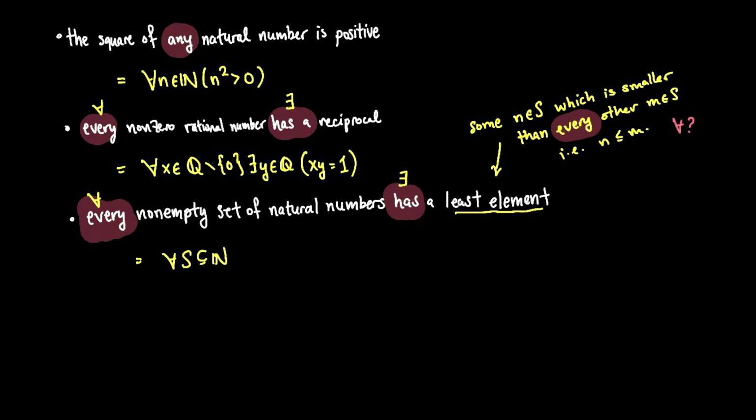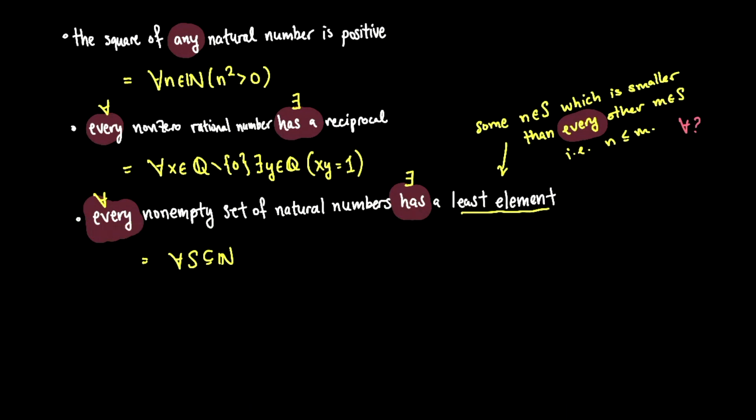Okay, so I say for every non-empty set of natural numbers, so I have to specify that S is non-empty. There exists a least element. So there exists some element n in S such that n is less than or equal to every other m, such that for all other elements of S, n is less than or equal to m.